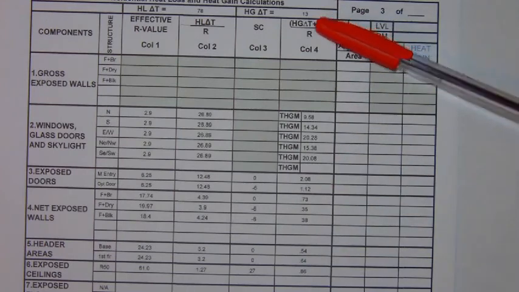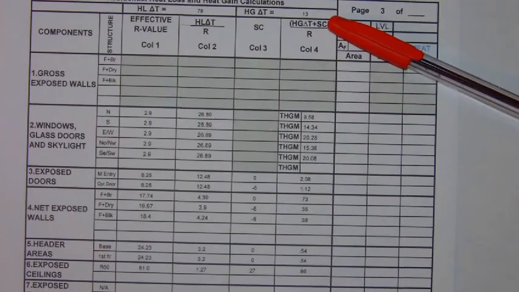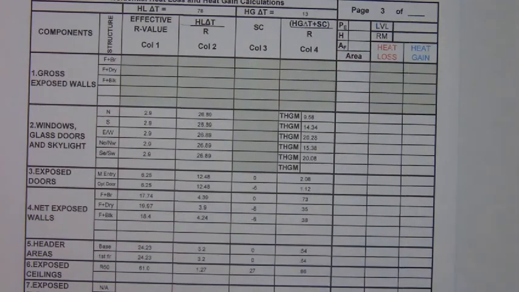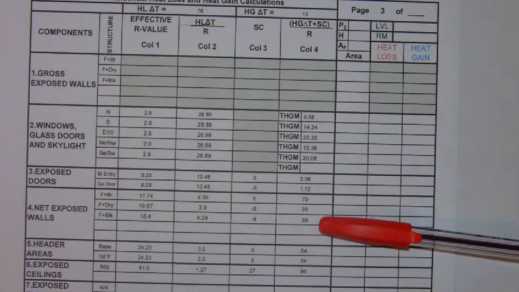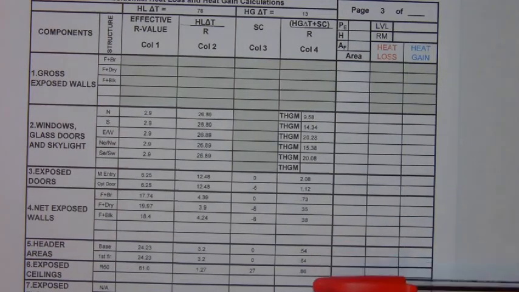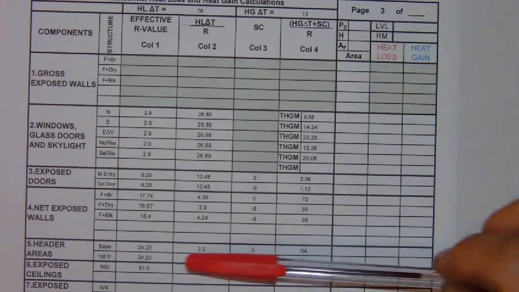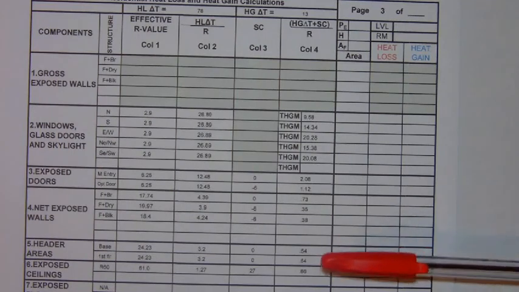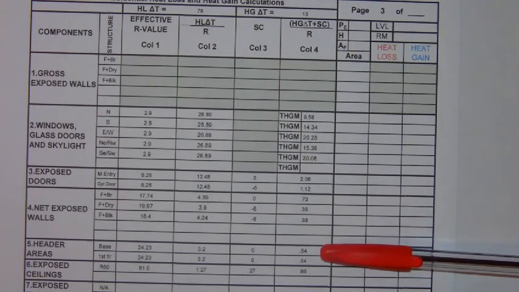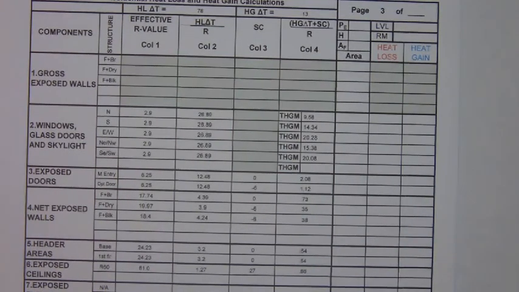Similarly, we've got 13, again, plus the -6, so that leaves us with 7, divided by 18.4, and that gives us a heat transfer multiplier for cooling of 0.38. Our headers, both the basement and the first floor, are not solar corrected, so 13 divided by 24.23 gives us a cooling heat transfer multiplier of 0.54 for both assemblies.